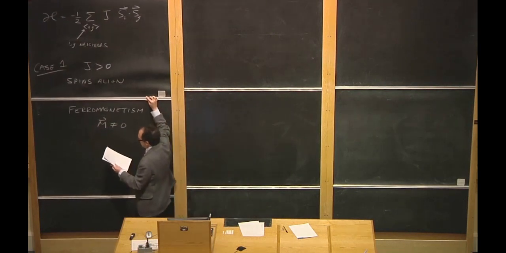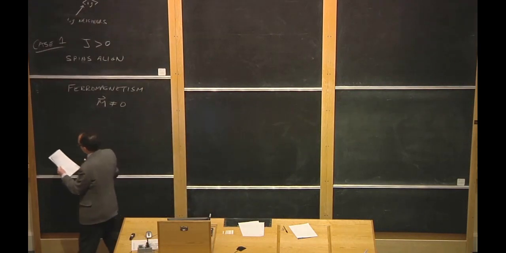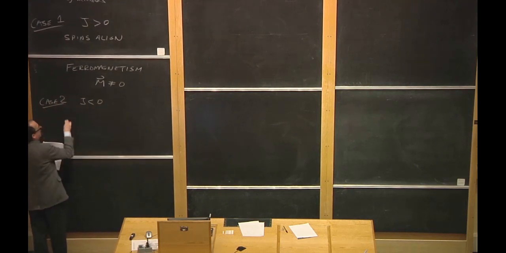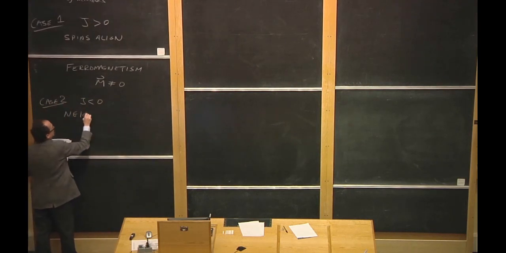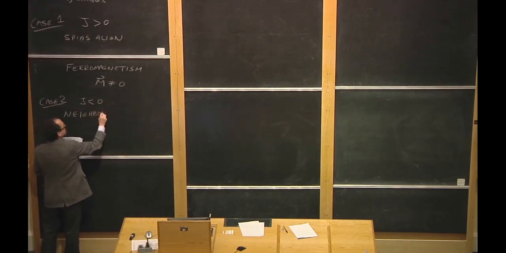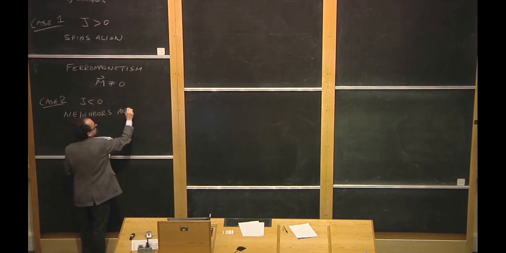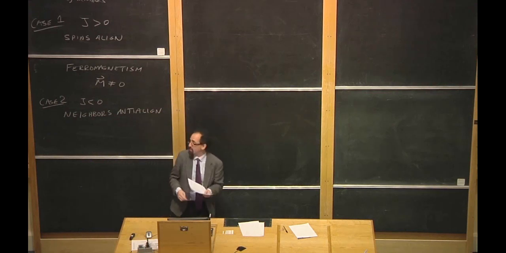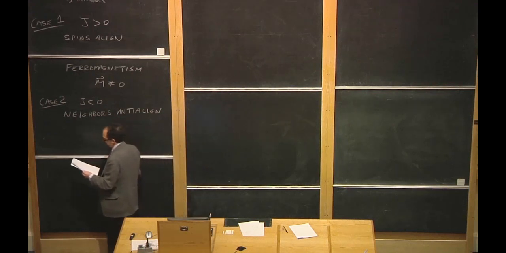The more complicated case to study is case 2, J less than 0. Now with J less than 0, the neighbors want to anti-align in order to make the Hamiltonian as small as possible, or the energy as small as possible.